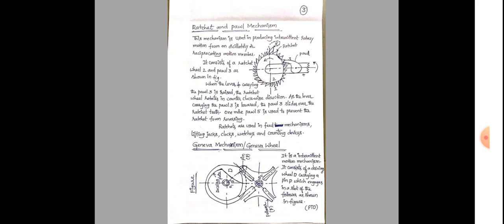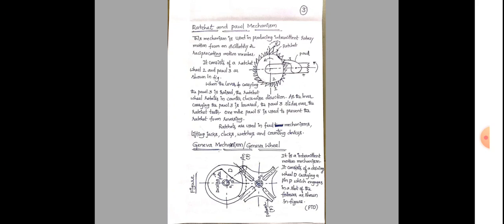Then one more pawl, indicated with the number 5, can be seen in the figure. That pawl 5 is used to prevent the ratchet from reversing, because there may be chances of reversing back.